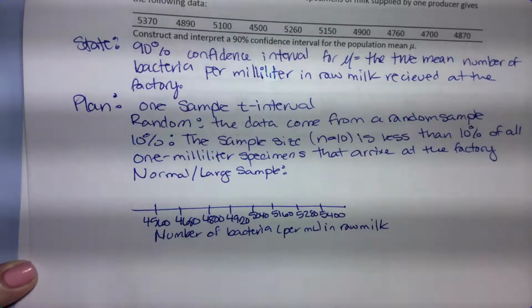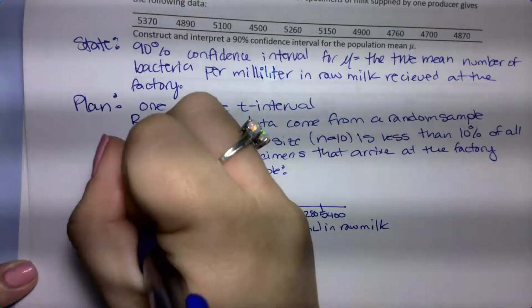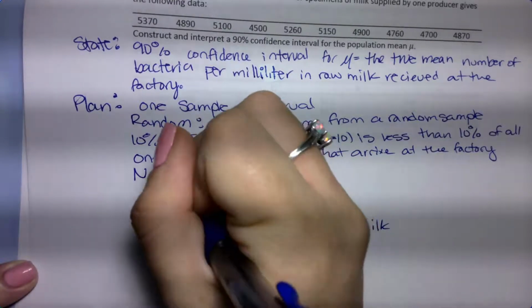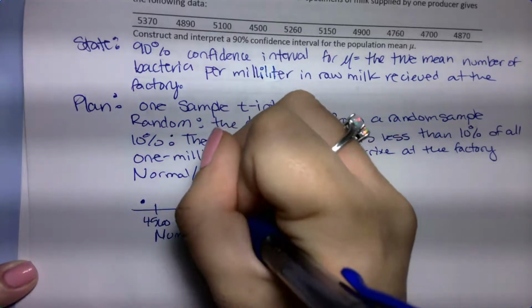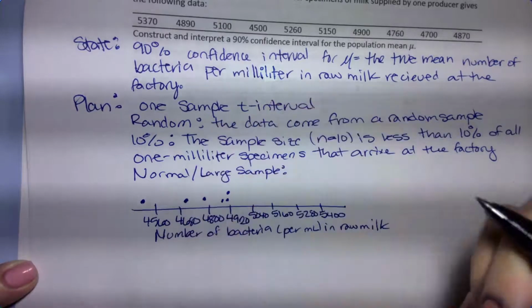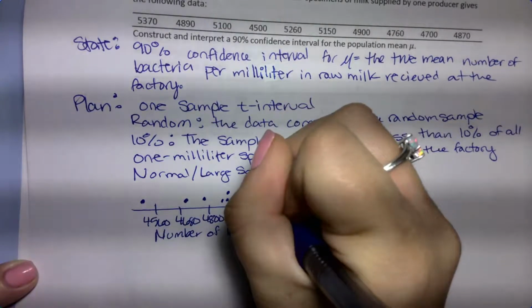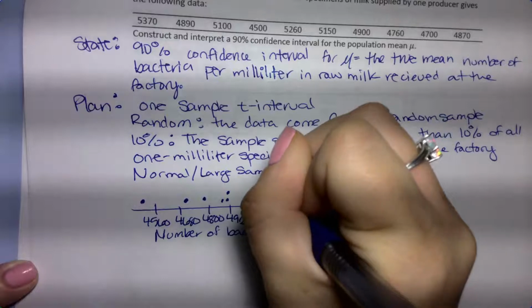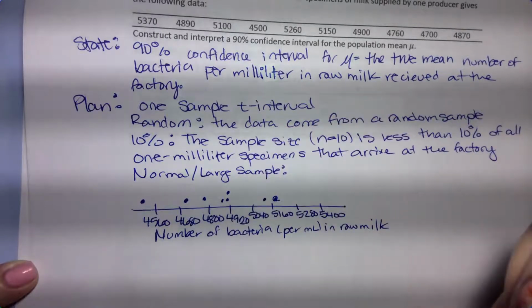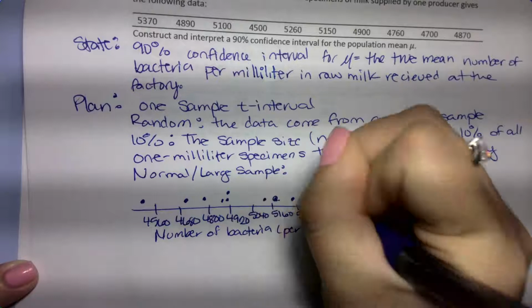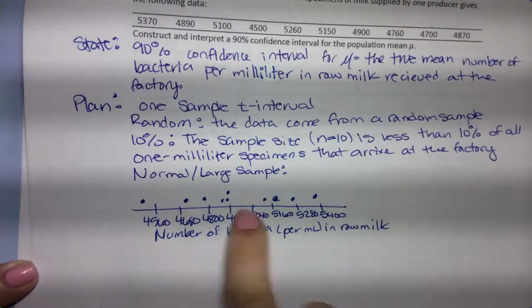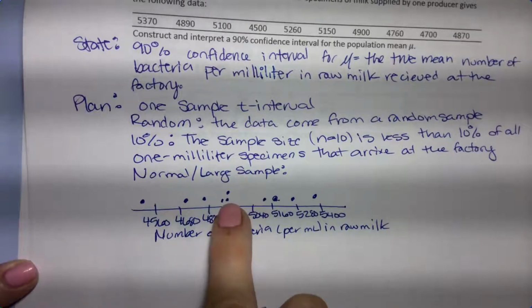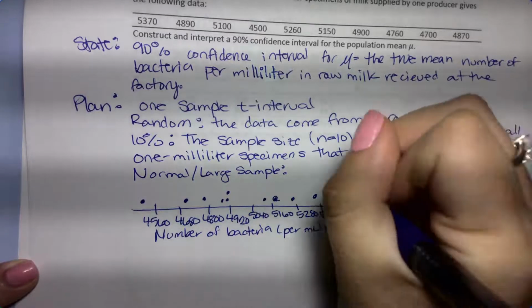Now I actually want to put my dot points on. So for the most part, spread out evenly with a peak in the center. So this is not showing any strong skewness or outliers.